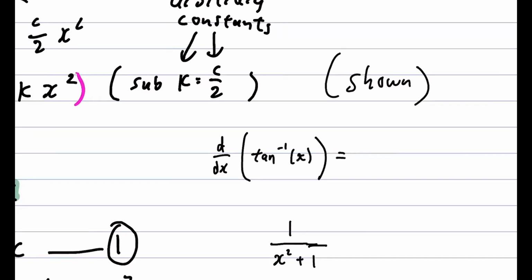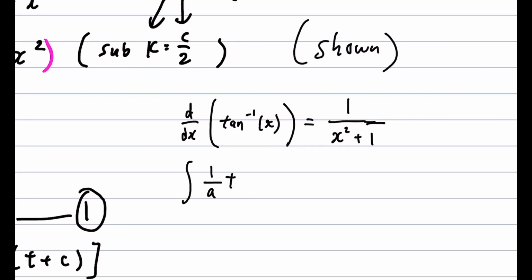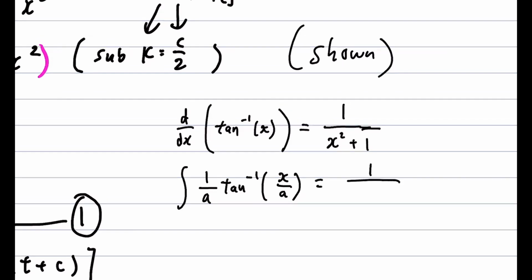They will tell you that the derivative of tangent inverse of x is equal to 1 over (x squared plus 1). Then they will also tell you that if you integrate 1 over (x squared plus a squared), it is 1 over a of tangent inverse of x over a. Correct me if I'm wrong.